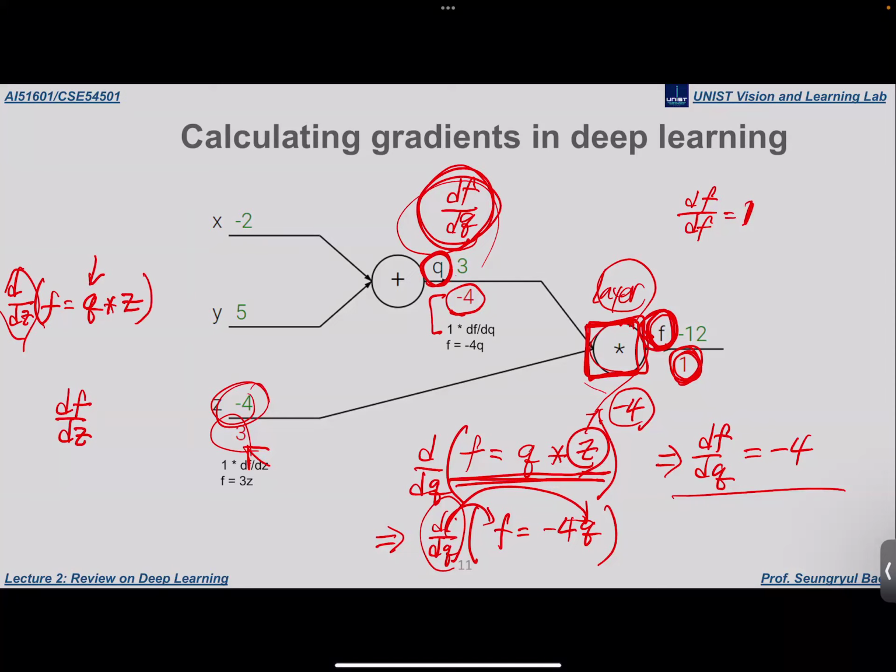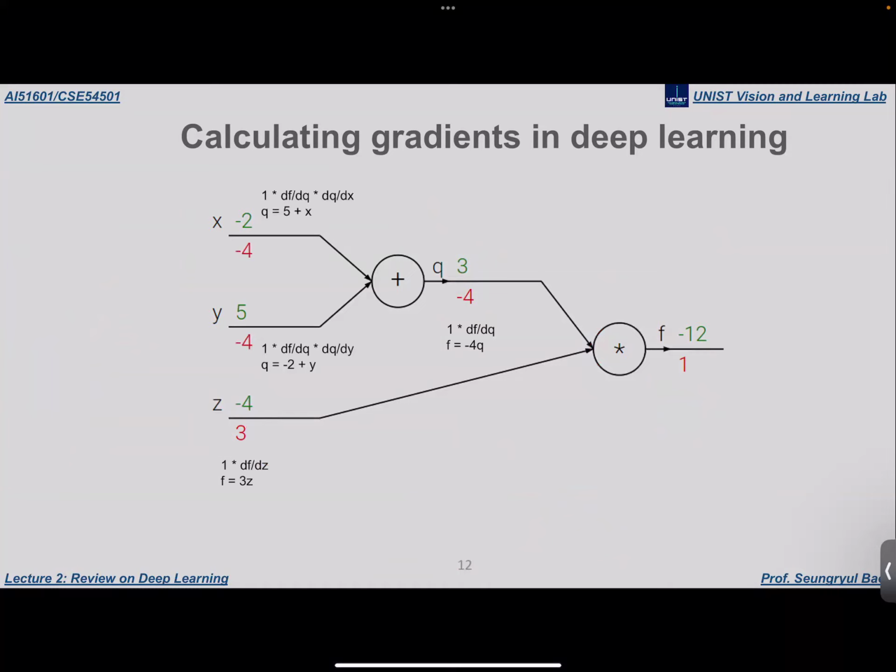And that was actually 3, right? So if we apply this to two sides, we can get df dz is 3. So here we can write it as 3.